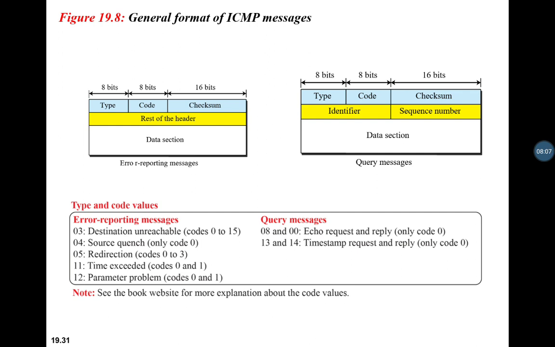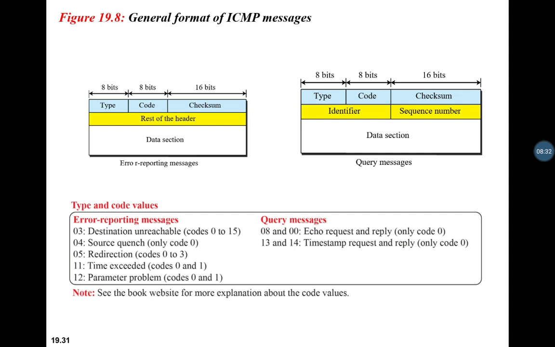So here you can see the type and the code values in the error reporting messages, which will be dealt with later in brief. The type will be filled with 3 and the code can be between 0 and 15, with the message destination unreachable.